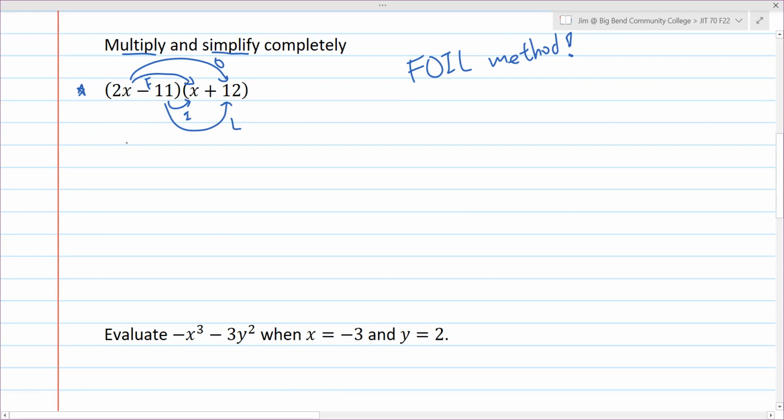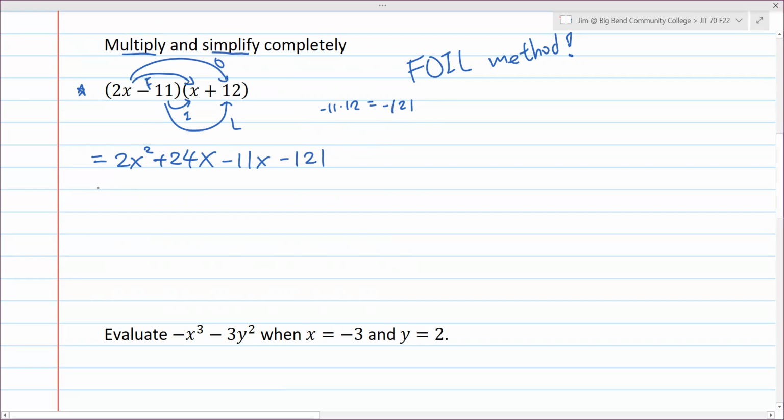That is the most common and the most convenient way to multiply, so that we have 2x squared, the F term, plus 24x, the O term, minus 11x, the I term. And then we have negative 11 times 12, and that will give you negative 121. That can be calculated by using a calculator, since a handheld calculator is allowed on the test, right?